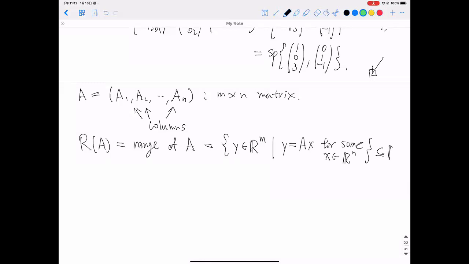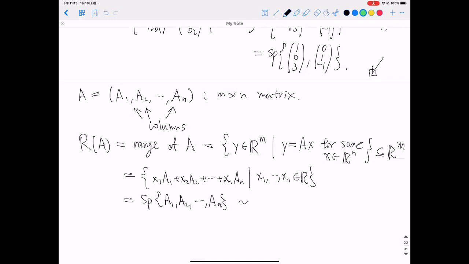This is a subspace of Rm, and according to the way matrix multiplication works, this consists of vectors of this form: x1 a1 plus x2 a2 plus ... plus xn an, where the x's belong to R. So this is therefore what we call the span of the a's. This is called the column space.